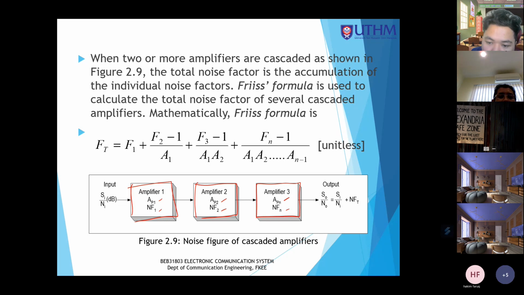Okay, so you see that here, F total is equal to F1.